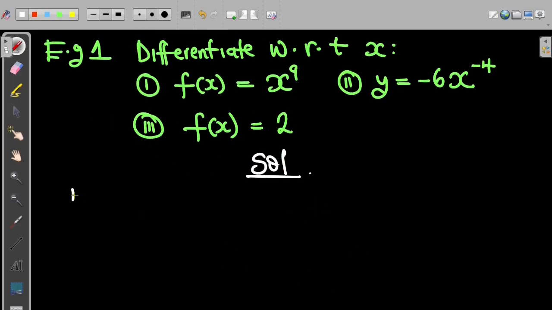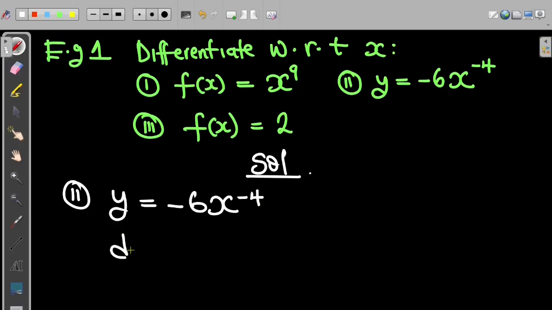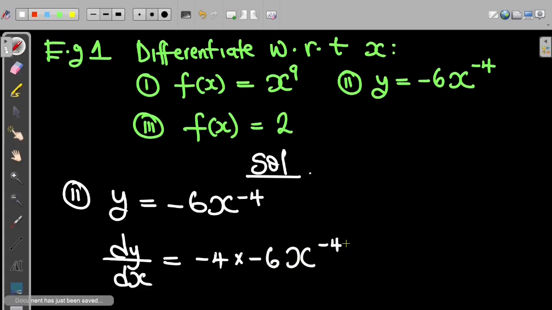So for (ii), we have that y is equal to minus 6 multiplied by x to the power of negative 4. So we have again that dy over dx will be equal to the index negative 4 times the constant term negative 6 multiplied by x to the power of negative 4 minus 1.